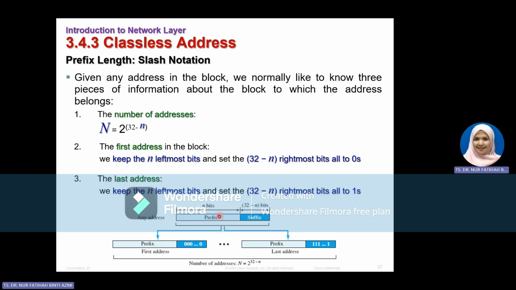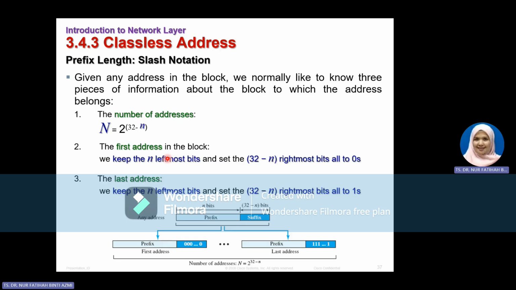For example, with slash 27, we do 2 to the power of 32 minus 27, which is 5. So 2 to the power of 5 is 32 IPs in total.